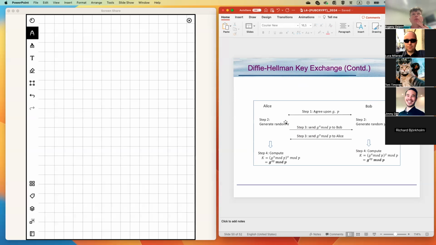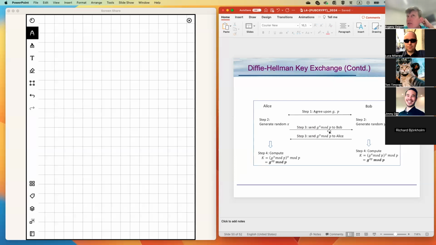You generate a random number x, and you raise g to the power of x. This number should be large as well. And you send this quantity over to Bob. The catch here is that, although it is written as a mathematical formula, what you send is actually the result of the computation, a large 2048-bit number.